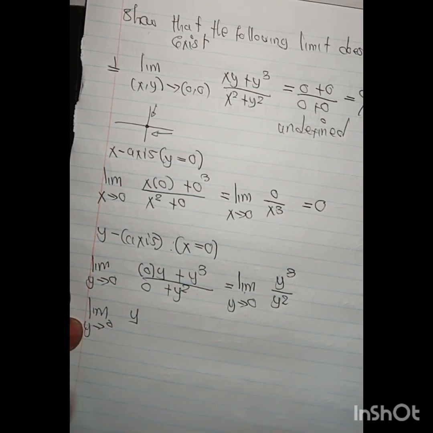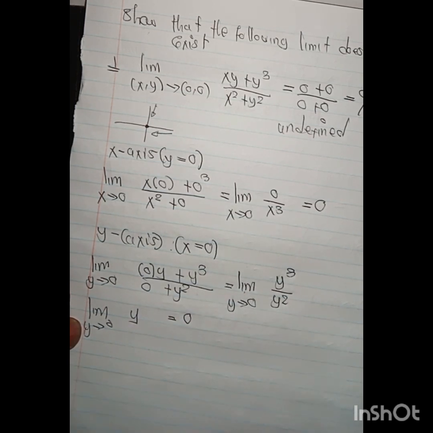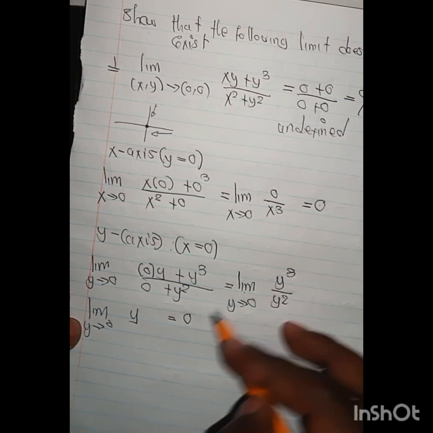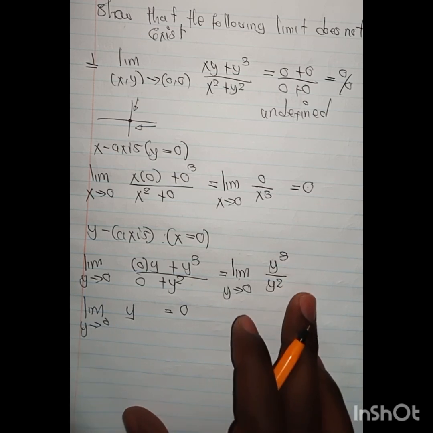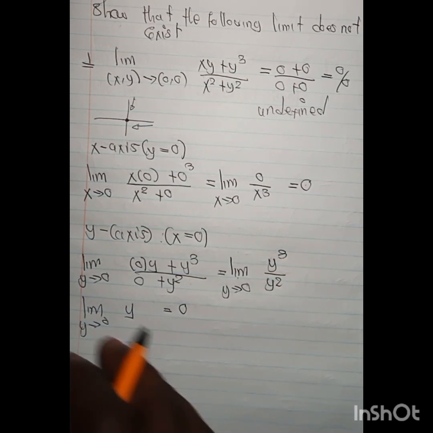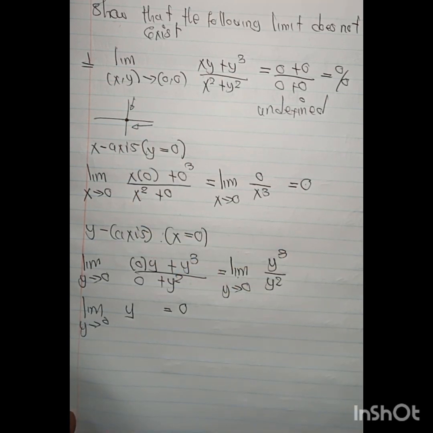Then we can do the direct substitution, plug in 0, and the answer is 0. So when we check, these two being the same does not mean that the limit exists. Remember, for the limit to exist, when you approach the origin from either side, you must get the same value.